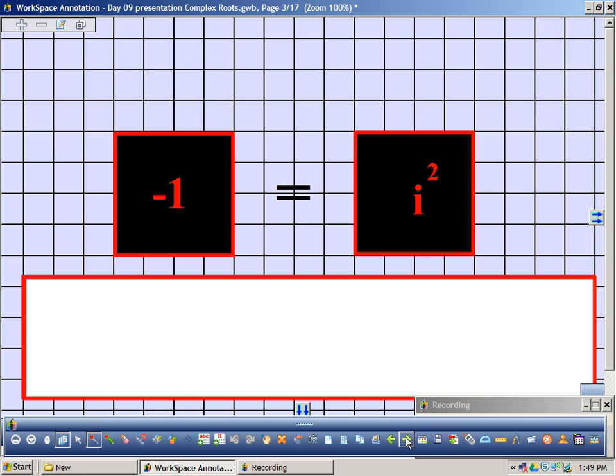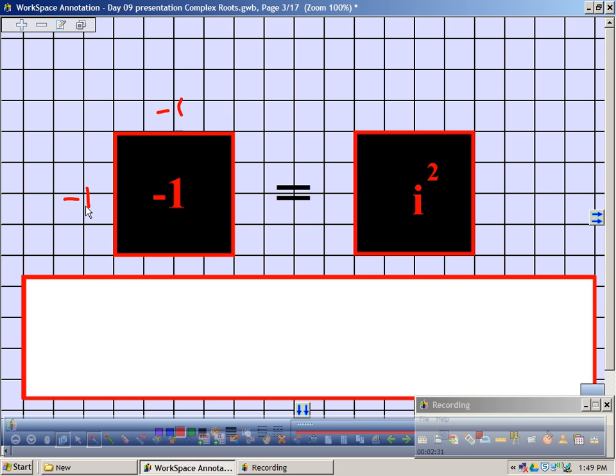Okay, i for imaginary. Because isn't it imaginary to think that -1 times -1 is -1? Isn't that imaginary? Right? It doesn't work out. So instead of using the -1, we start calling it i. So if I were to try and find the area of this, I would say the square root of -1 squared times the square root of -1 squared.